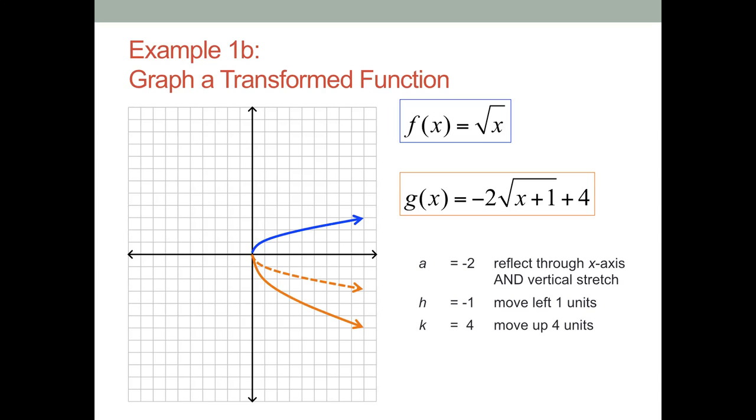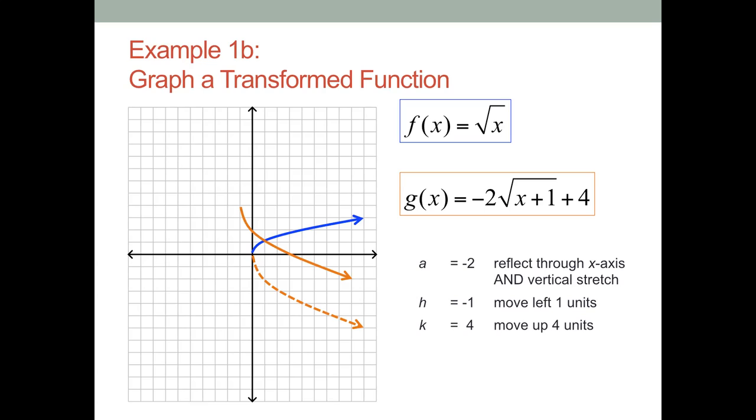Then I'm going to take care of h and k, which moves this graph for me. I'm now going to move 1 unit to the left and 4 units up. And again, the significant point on a square root function is that endpoint at 0, 0. That's the point I'm going to be worried about to start, and then everything else will fit in from there. So if I take my 0, 0 endpoint and move it 1 to the left and 4 up, I'm going to end up with a graph that looks like this.